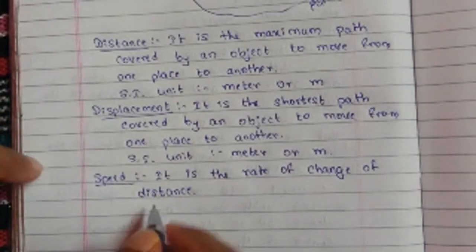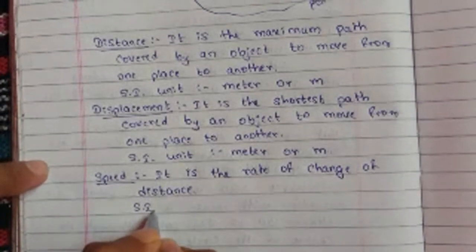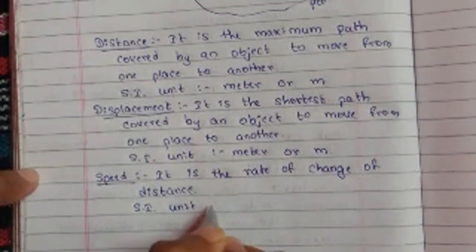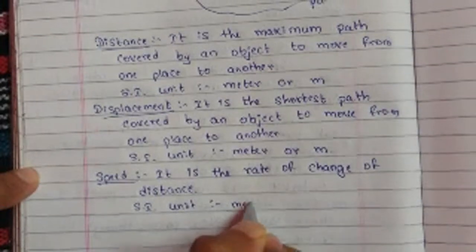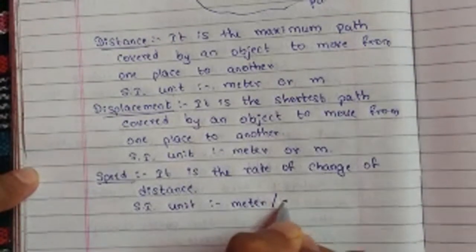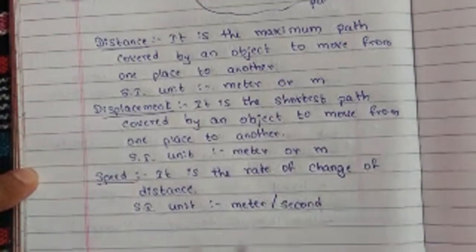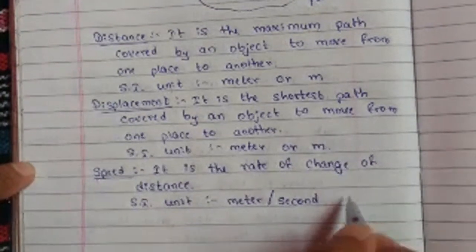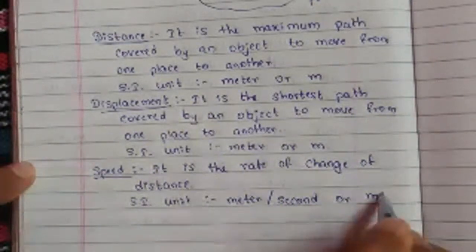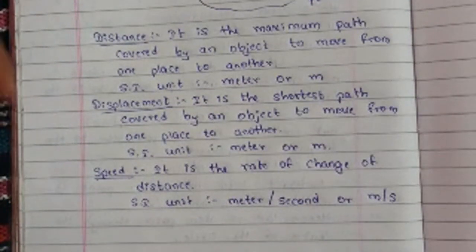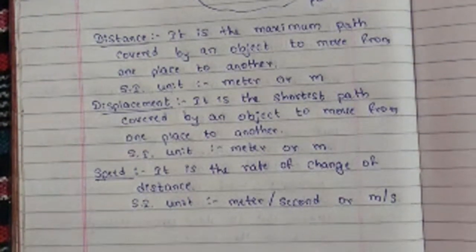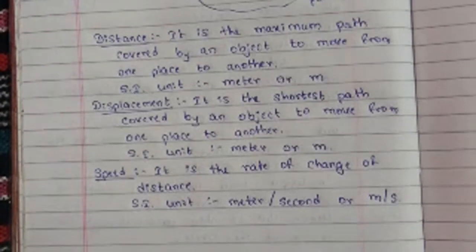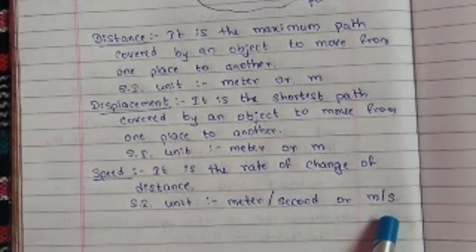When we come to the SI unit, the SI unit is meter per second, all small letters, or we can write small m bar small s. This is the SI unit of speed. Why are we considering second in the denominator?